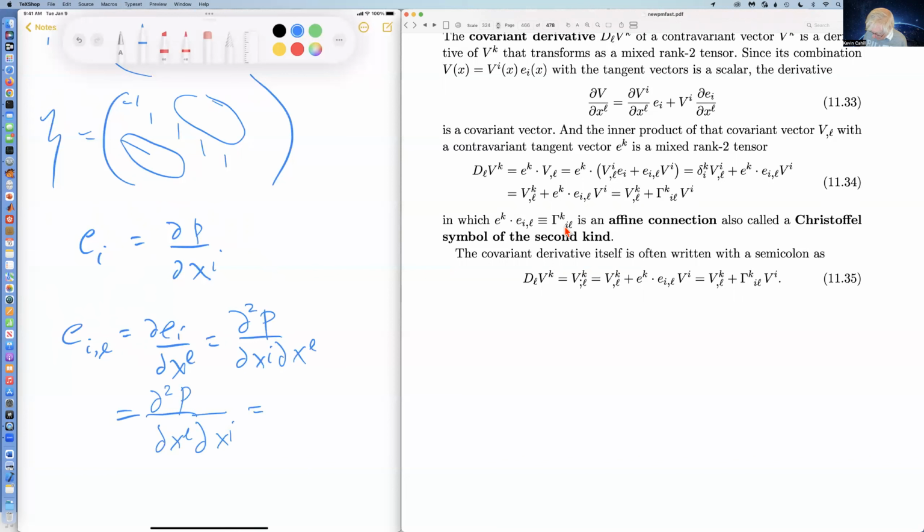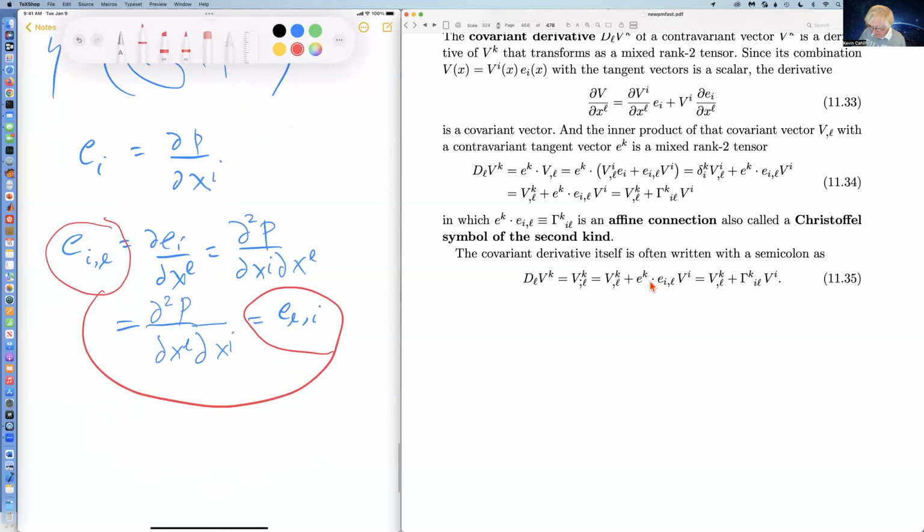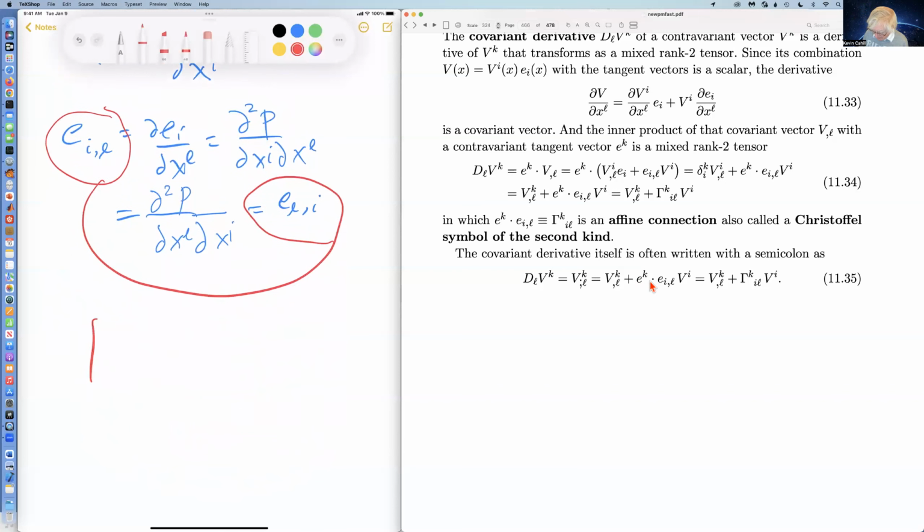And that then is E sub L comma I. So switching to this, we have that this thing is equal to that. And that means then that gamma K I L is equal to gamma K L I.